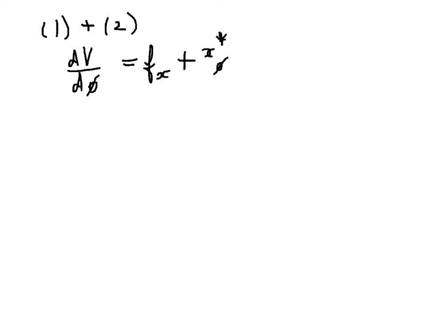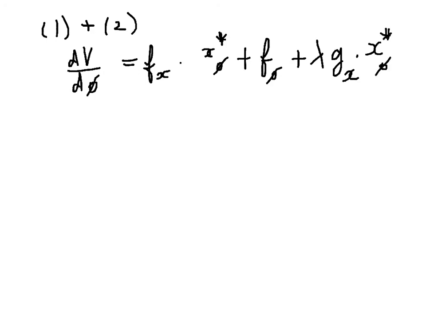Sorry, this is not a plus, this is a multiplication, this is the chain rule, plus partial derivative of f with respect to phi, plus, and now we're adding from our second equation, lambda g x times partial derivative of x star with respect to phi, plus lambda times partial derivative of g with respect to phi. And all of this is equal to 0.